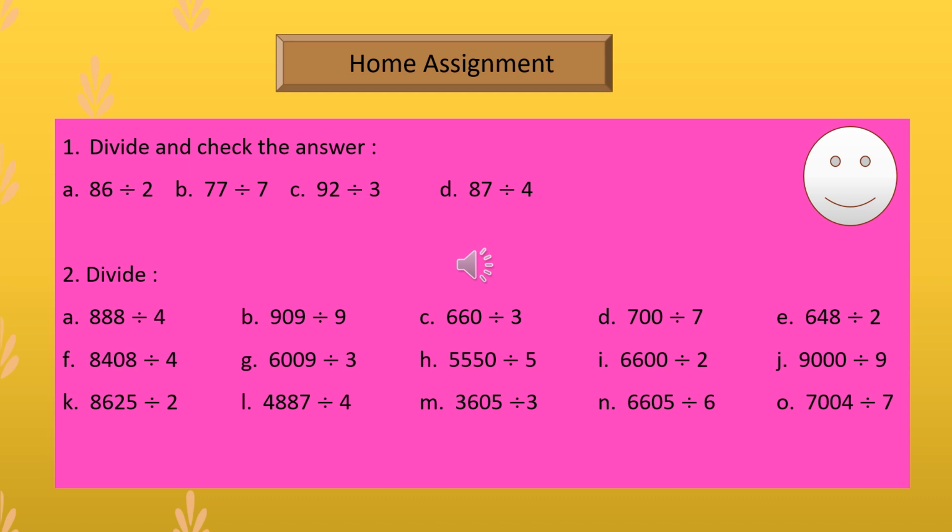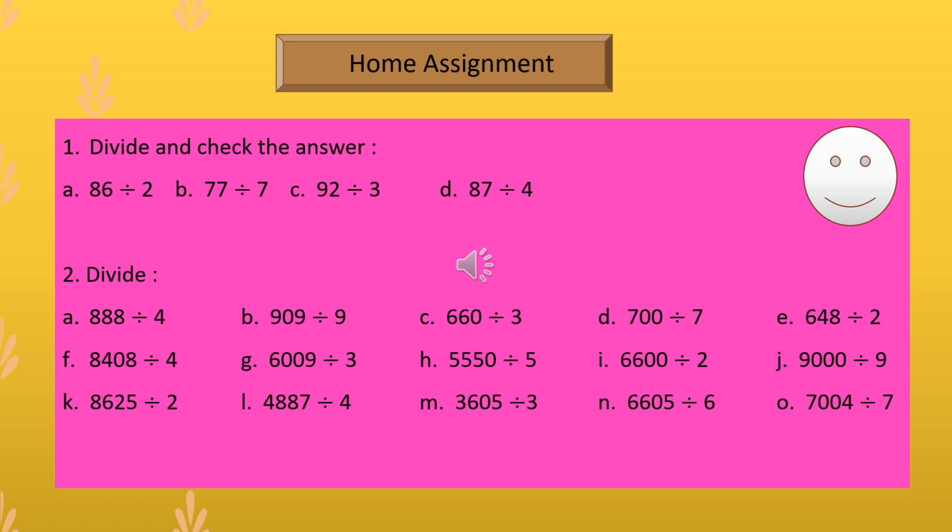E, 648 divided by 2. F, 8408 divided by 4. G, 6009 divided by 3. H, 5550 divided by 5.